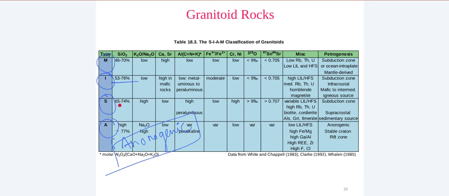Other three types are orogenic in nature. Okay, now here the geochemistry will work. If you are good in geochemistry, then this thing will work very good.